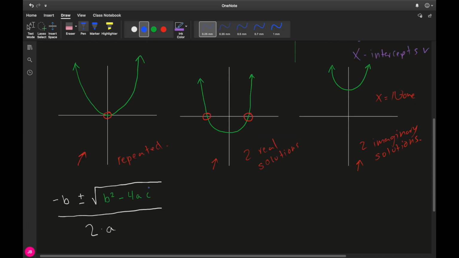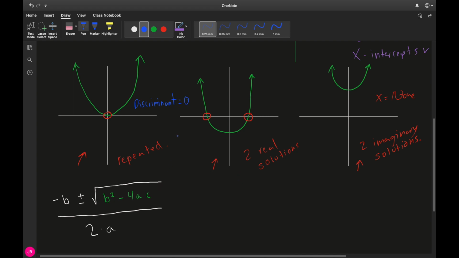This right here is going to be sort of like a formula inside of the formula. The discriminant is going to help us determine which one of these situations we have. So for this first one, we're going to have one solution that's repeated twice if the discriminant is equal to 0.